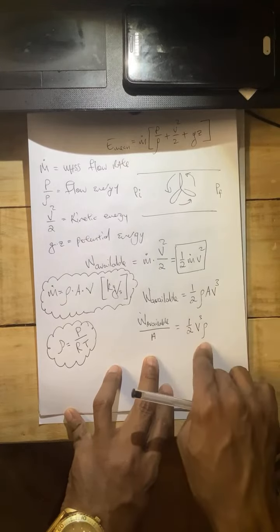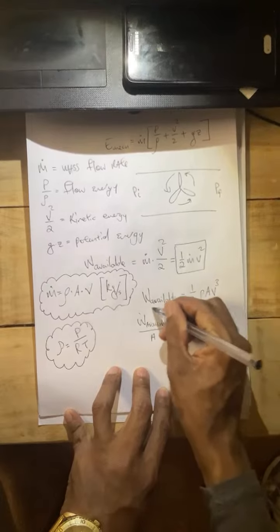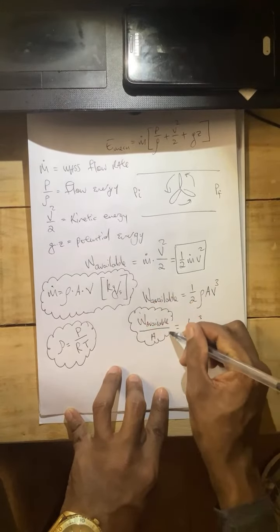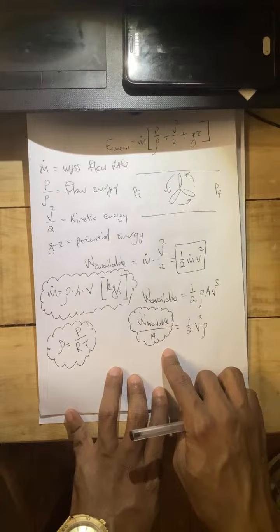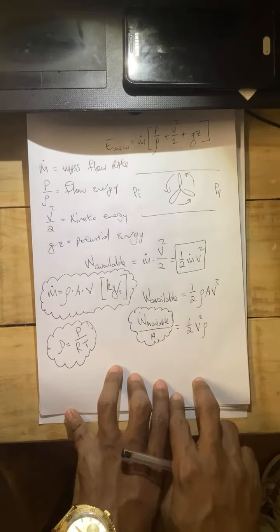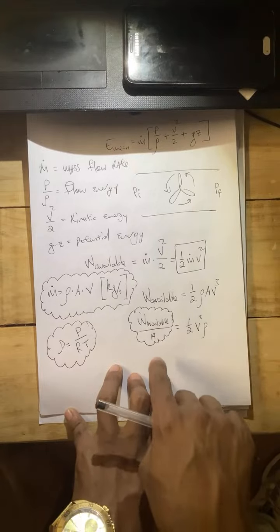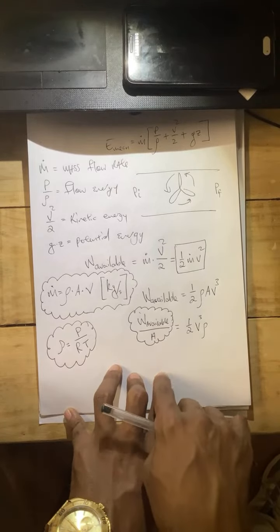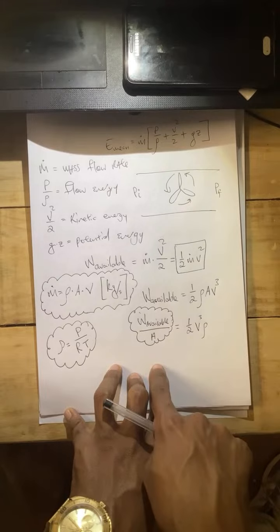Now, why are we rewriting it like this? Because this term over here is what we now refer to as the power density of a wind turbine, meaning the power of a wind turbine as a unit of area.